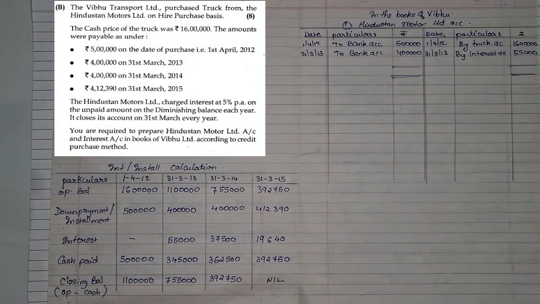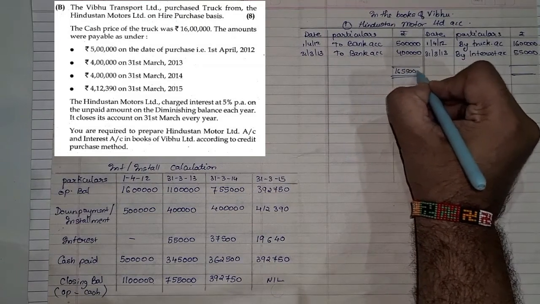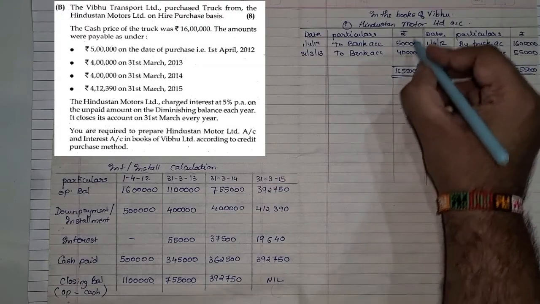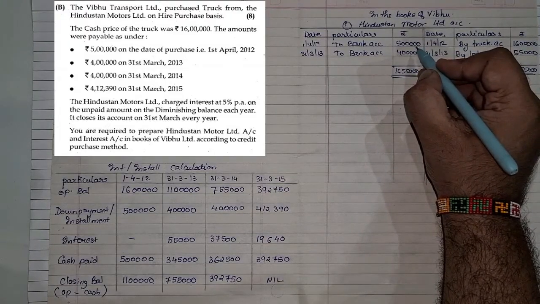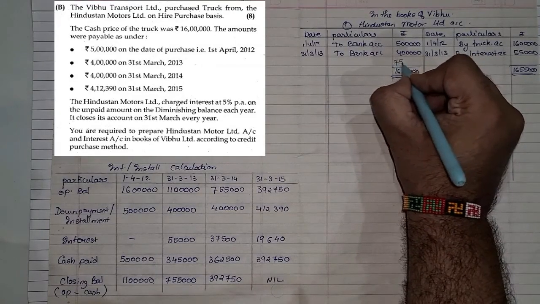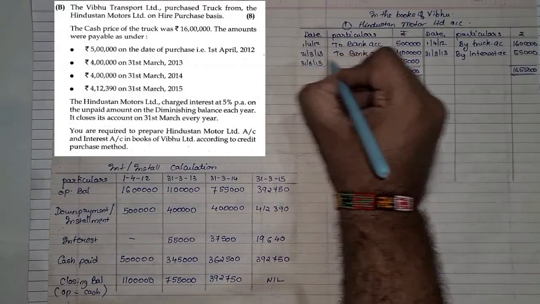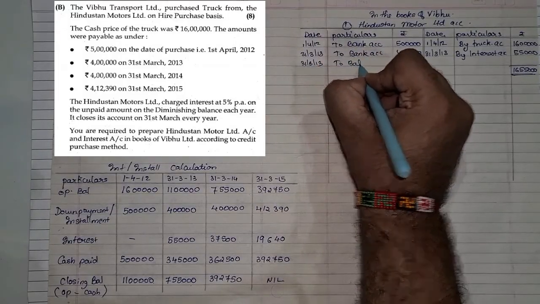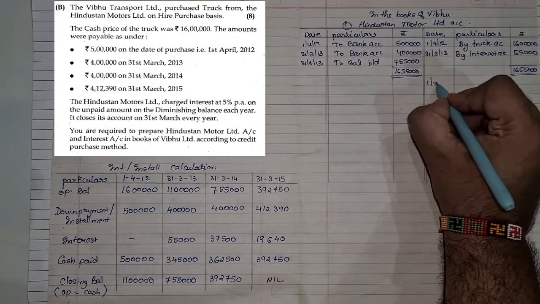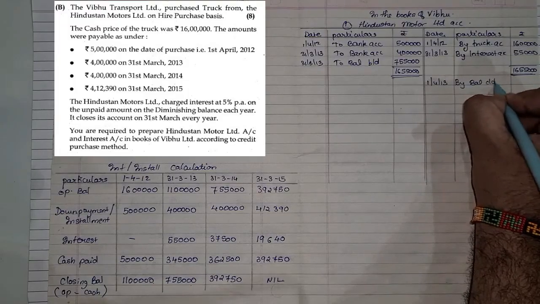So we have 16,55,000 on both sides. Now from 16,55,000, when you minus 9 lakhs, the value which will remain is the balance, 7,55,000. So this is nothing but 31st March 2013, to balance brought down. Now the same balance on the next day, 1st April 2013, will become by balance carried down.